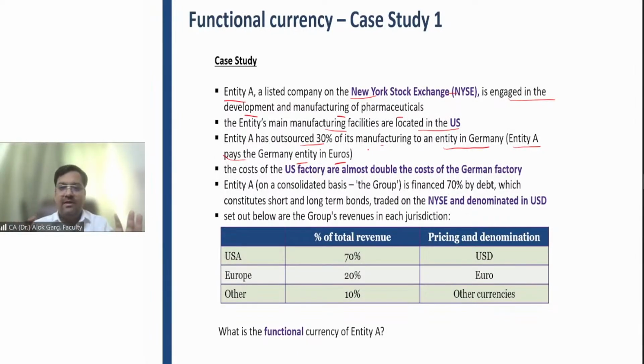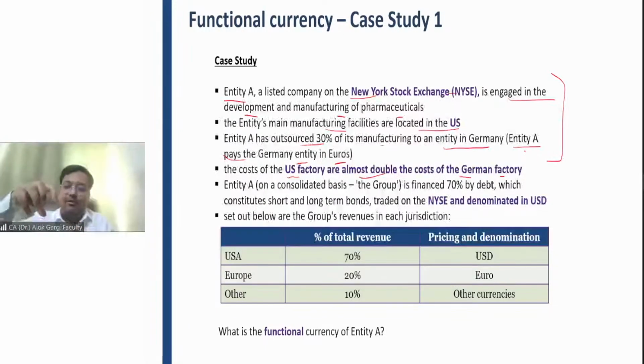Can we assume this by reading these three paragraphs? The cost of the US factory is almost double the cost of the German factory. It says the cost of the US factory is double, so I can say 70% US, 30% Germany.